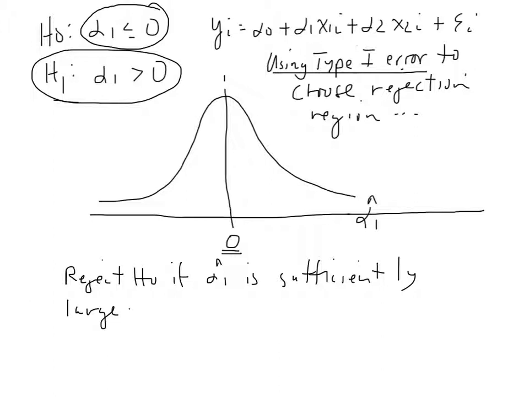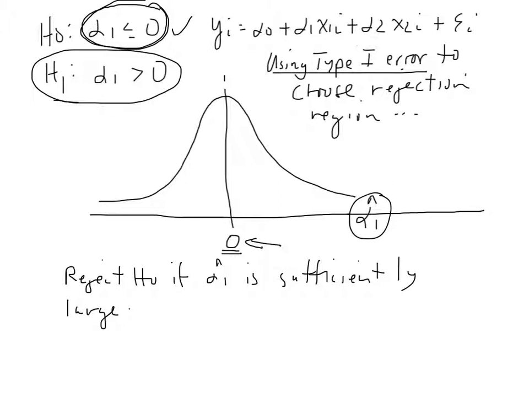I've centered this distribution of alpha 1 hat values on a true alpha that assumes the null is true. We've taken this alpha 1 hat distribution and centered it on a 0 value, and 0 is contained in the null hypothesis, so we are assuming that the null is true.